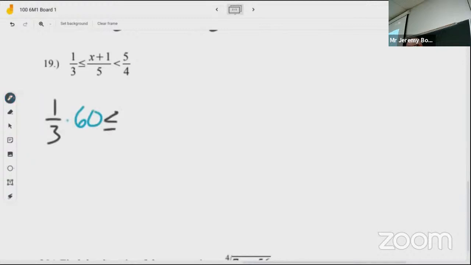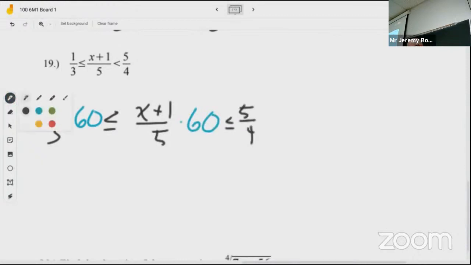Less than or equal to plus 1 over 5 times 60, which is less than or equal to 5 over 4 times 60.